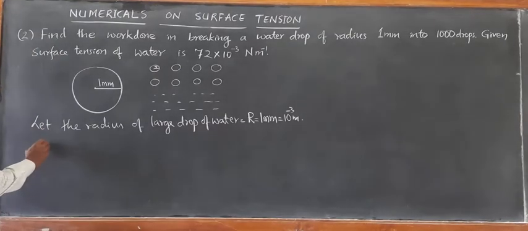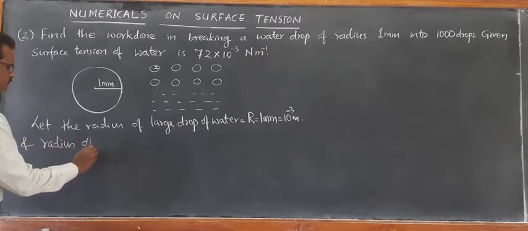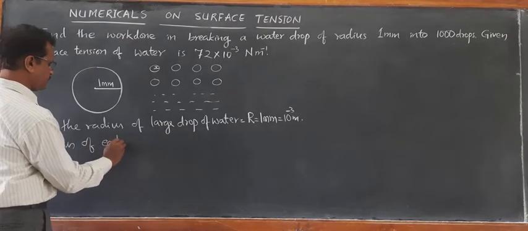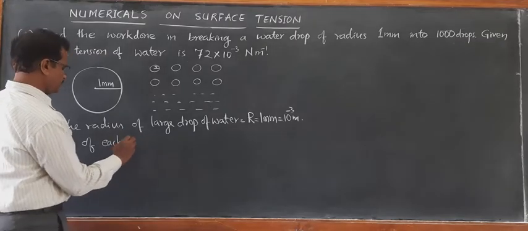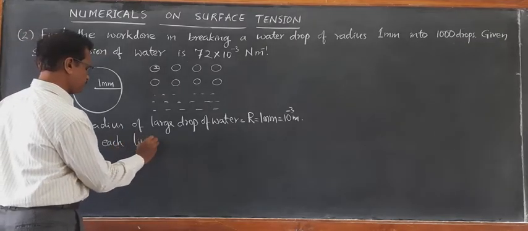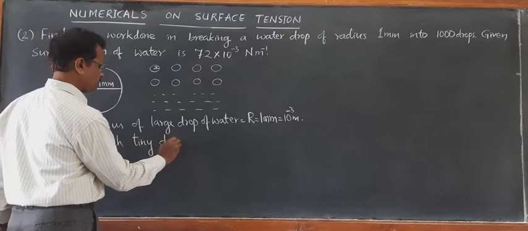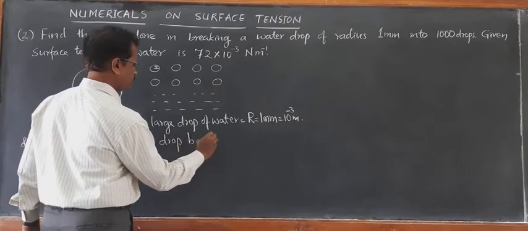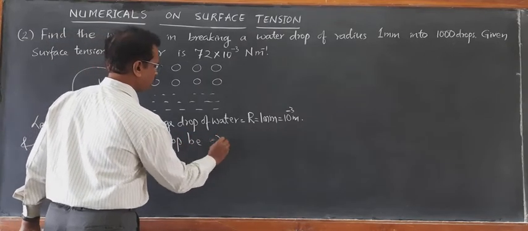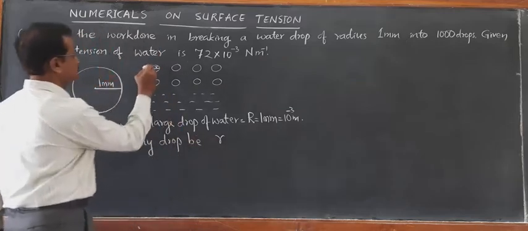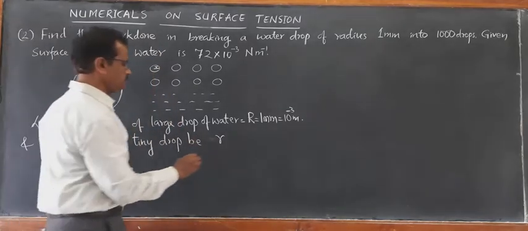Then the radius of each tiny drop, let us say, I am taking this tiny drop radius as small r.